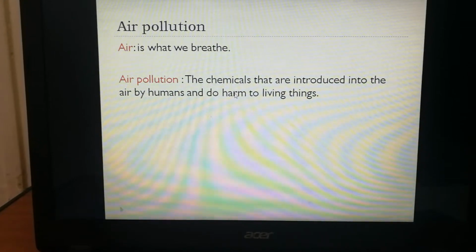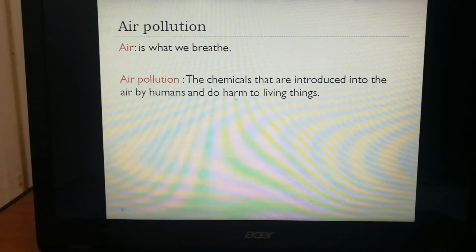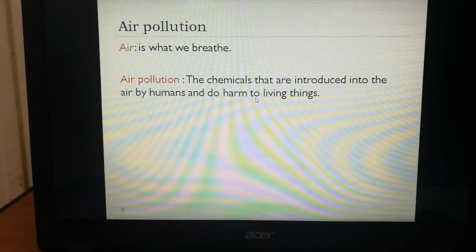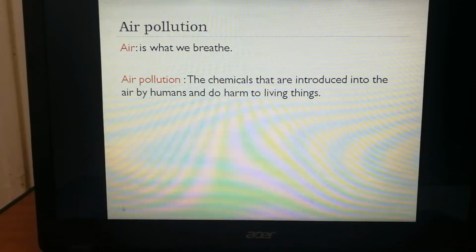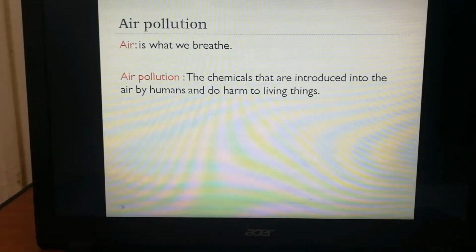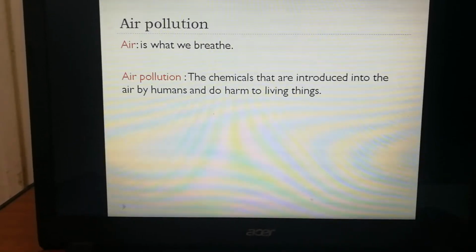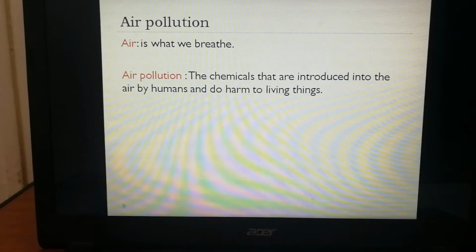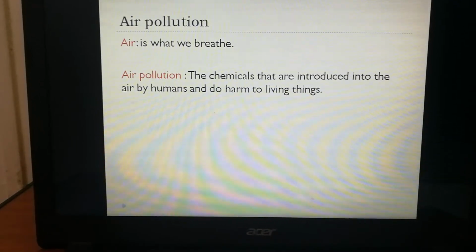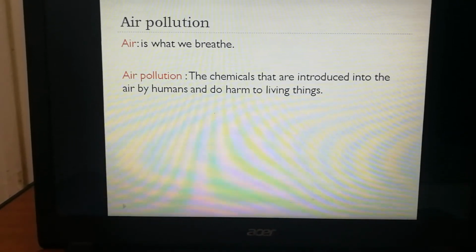This air pollution harms living things. Living things should breathe clean and pure air. When chemicals and harmful substances are added into the air, it will be unclean and harmful.